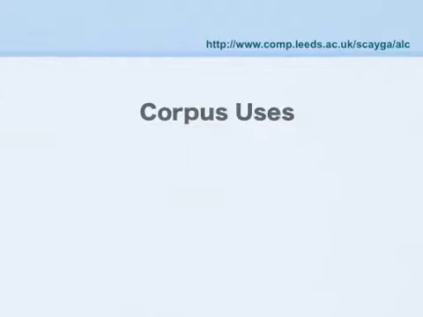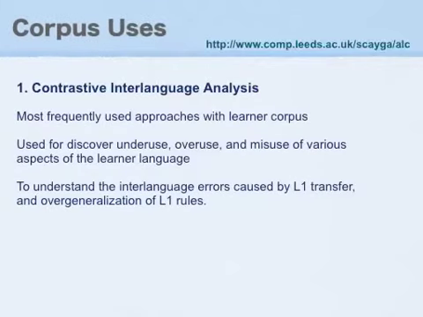After exploring the corpus design, content, and annotation, we can now talk about its potential uses. The first use is contrastive interlanguage analysis.